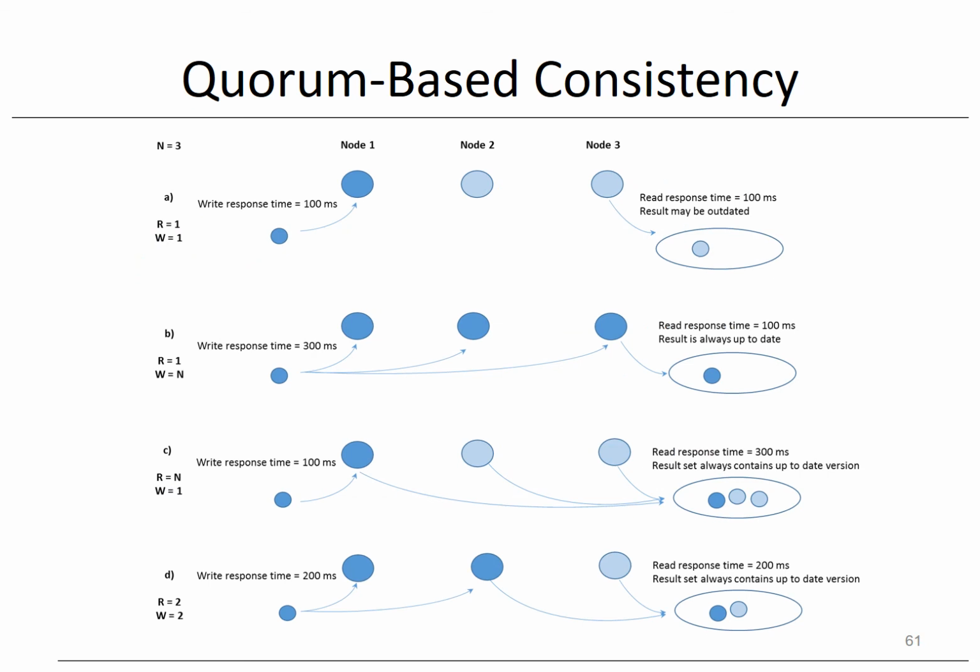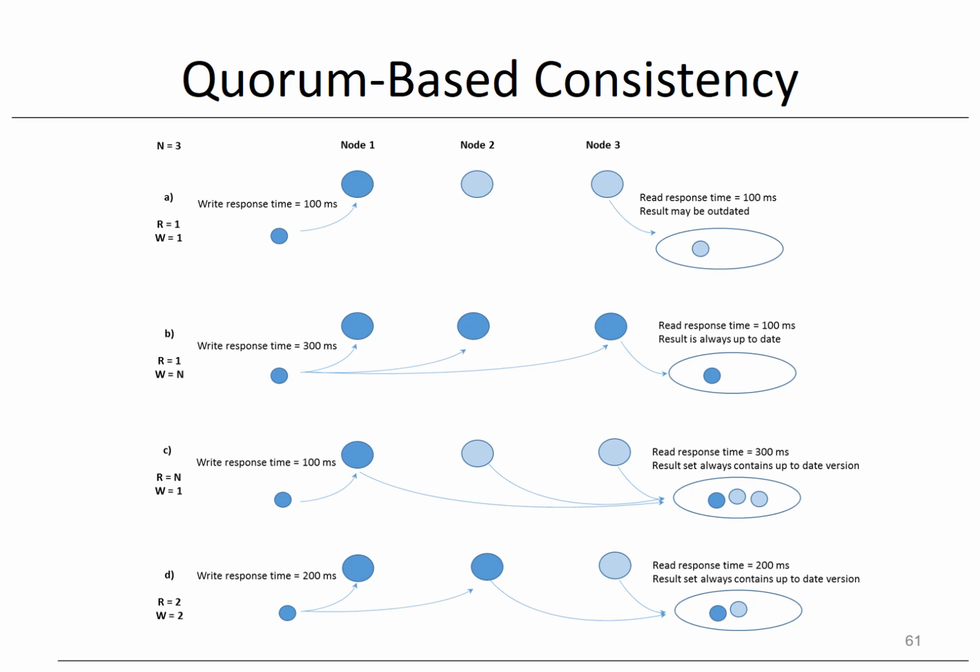Some typical configurations are depicted here. Four configurations are presented, each time with n equals 3 and with varying r and w. The circles represent replicas of a single data item stored on node 1, node 2, and node 3, with a dark circle denoting an up-to-date replica and a light circle denoting an outdated replica.